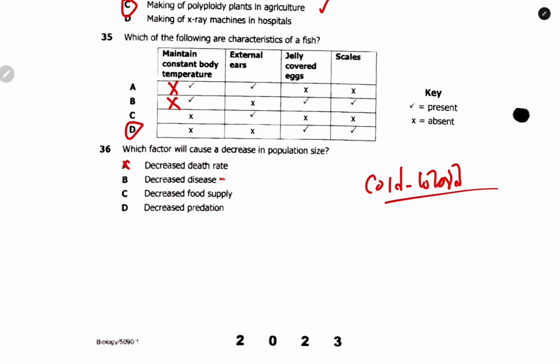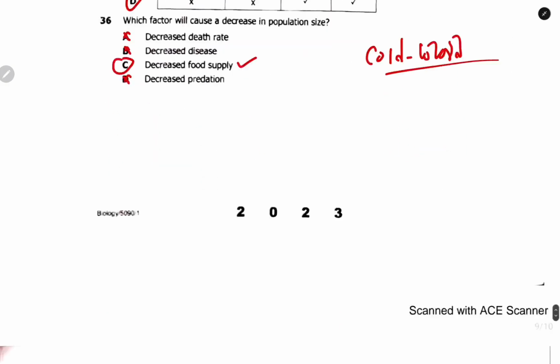When disease decreases, which means organisms or people are healthy, they are not dying. So this is not. Decrease in food supply. So there's no food. Okay, let us skip this one. Decrease in predation. Predation means there are no predators feeding on them, which means they are not being killed. So this is not. So this is the answer, which is C.